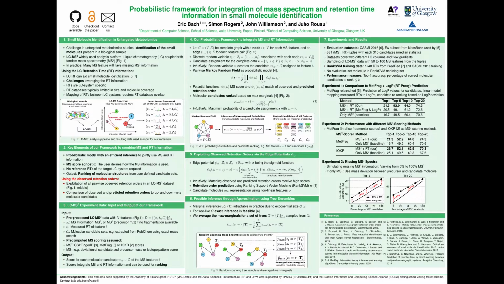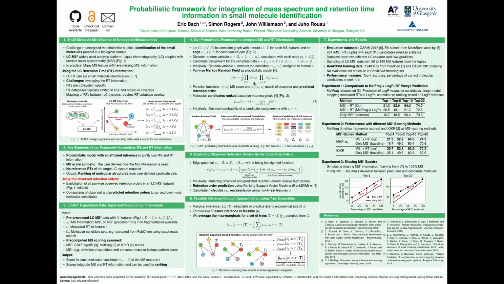Here in section 4, we present our probabilistic model to integrate the different sources of information. It's a pairwise Markov random field where the node scores encode the MS information and the edge scores encode the retention order information.